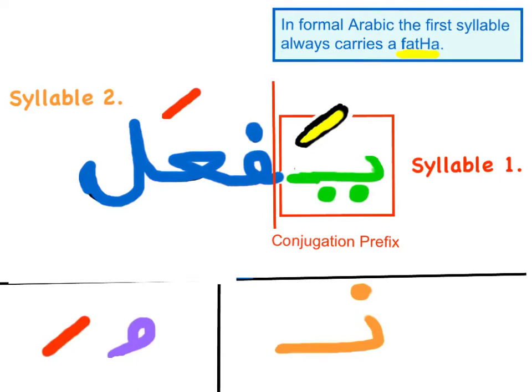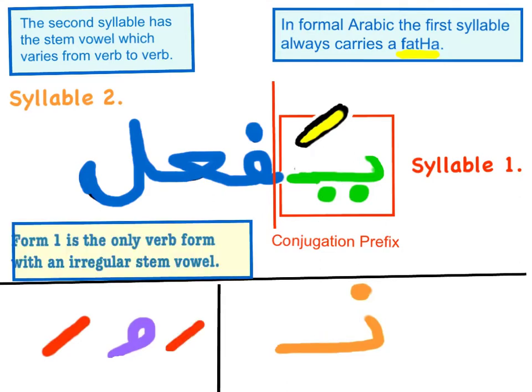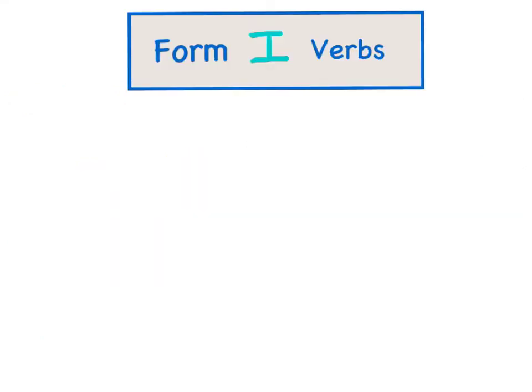And same for كسرة, يفعل, as in أعرف, يعرف. Notice that form 1 is the only verb form with an irregular stem vowel, because the vowels that you can use depend on the verb itself.